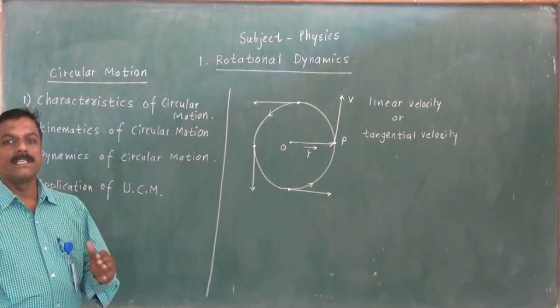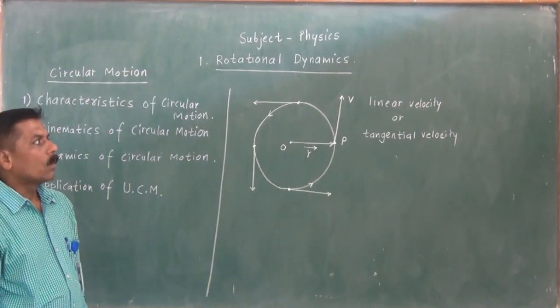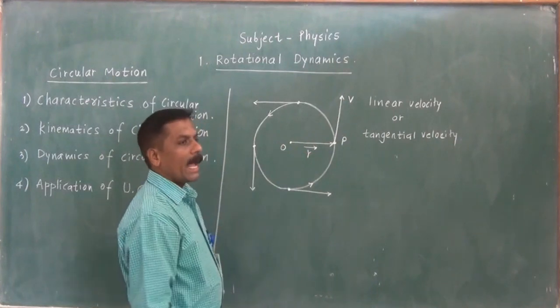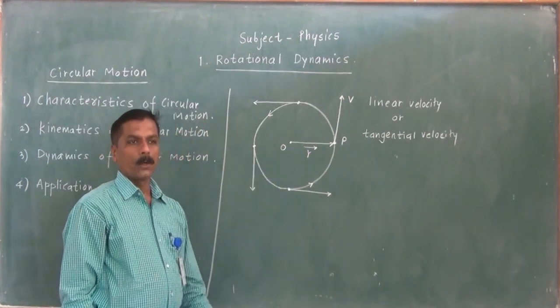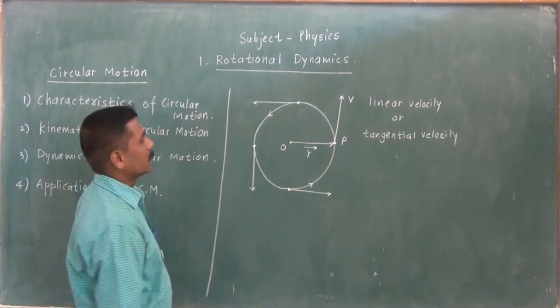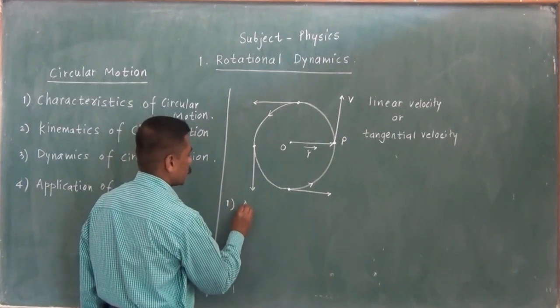This means there is a change in the velocity, and we know that whenever there is a change in velocity, acceleration is produced. So the first characteristic is given here.